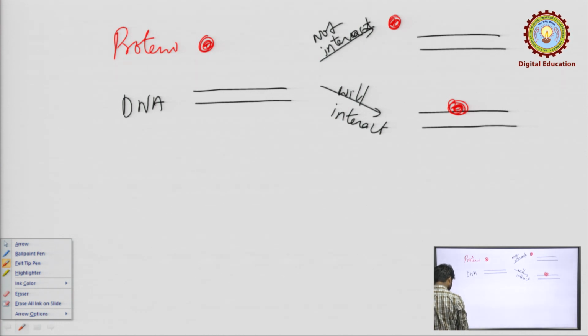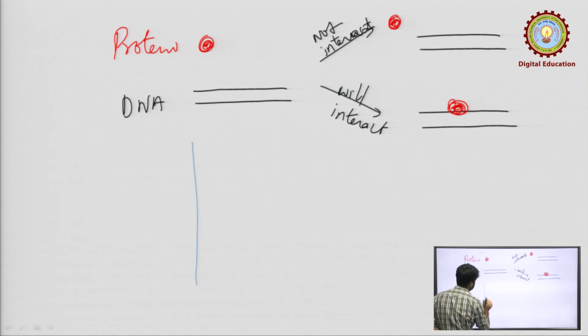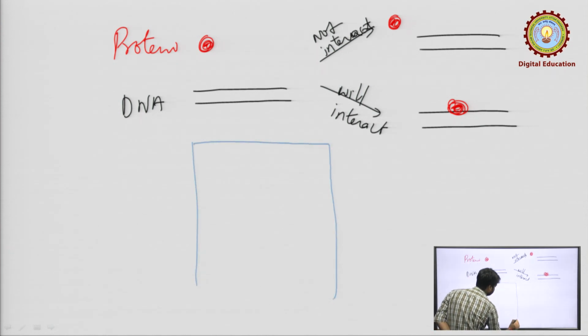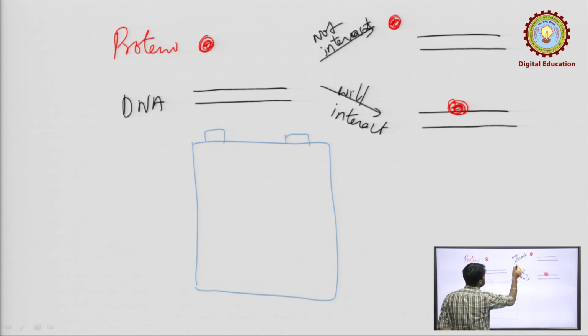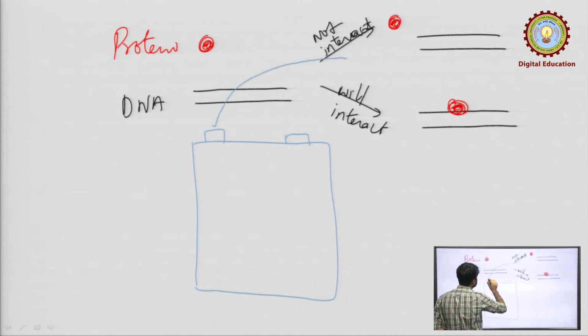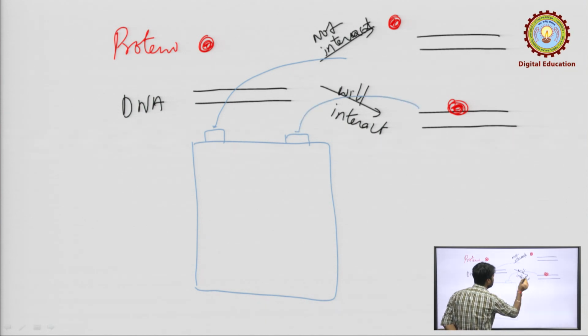Let the gel be of another color, like blue. This is our gel, these are the wells. We will put the samples from both: first this one, and second this one, in which the protein is interacting with our DNA.